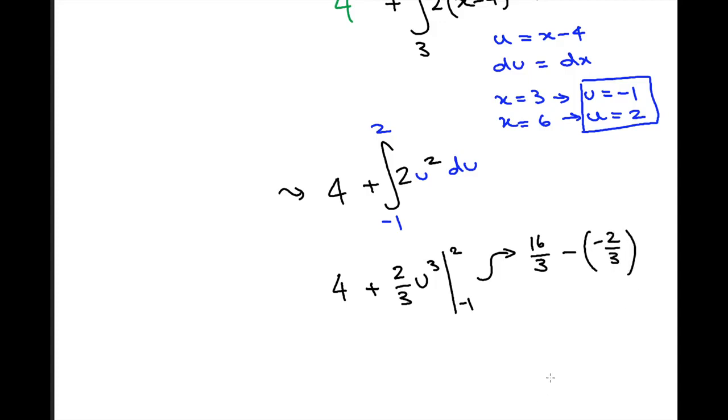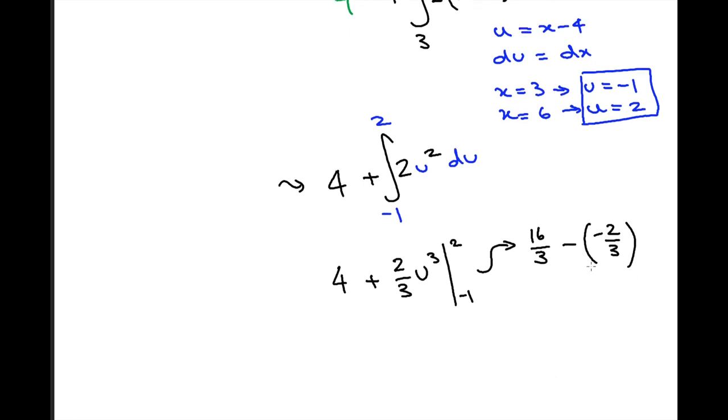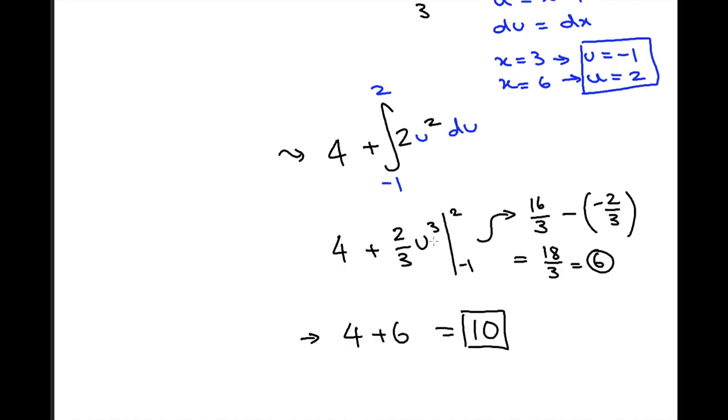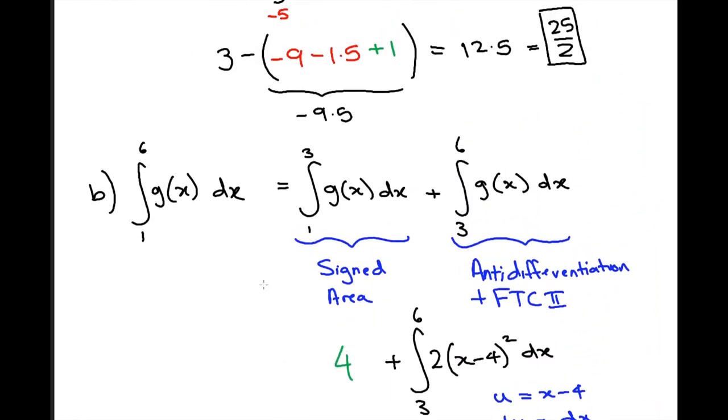Now that we've got that, we just add these two together because the negative signs cancel. So we're going to get 18/3, which is just going to come out to 6. So the final thing we have right here is just going to be 4 plus 6, which gives us 10. So our final answer to this whole integral is just 10.